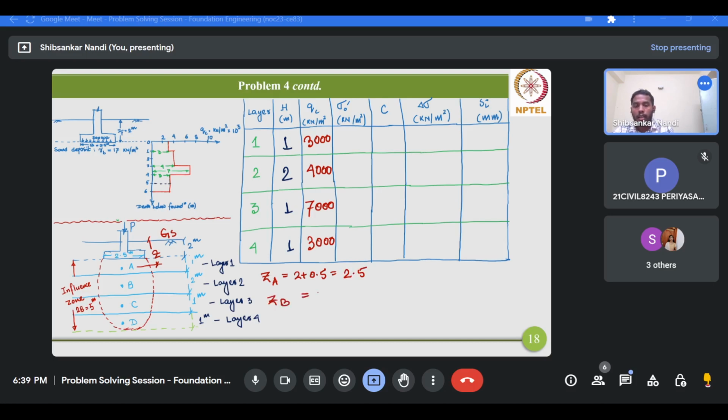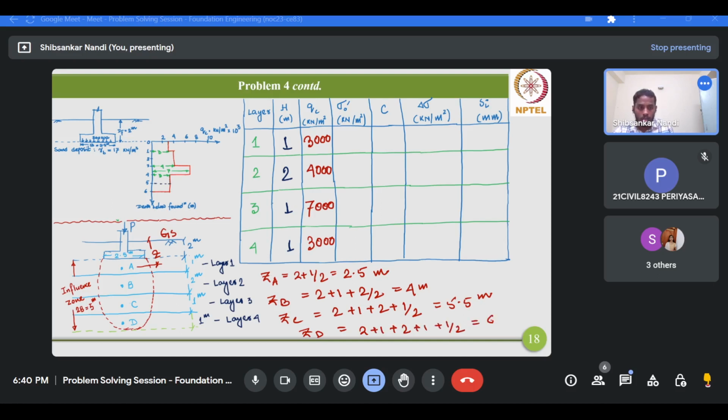Similarly ZB is 2 plus 1 plus 2 by 2, so 3 plus 1, 4. ZC is 2 plus 1 plus 2 plus 1 by 2, that means 5.5 meter. And finally ZD is 2 plus 1 plus 2 plus 1 plus 1 by 2, that means 6.5 meter.